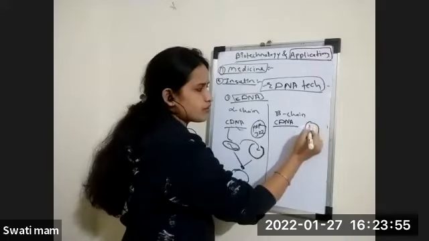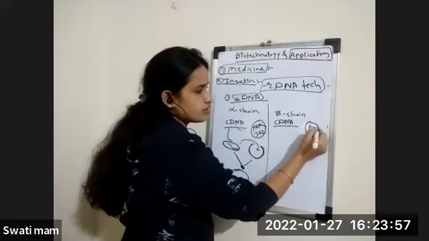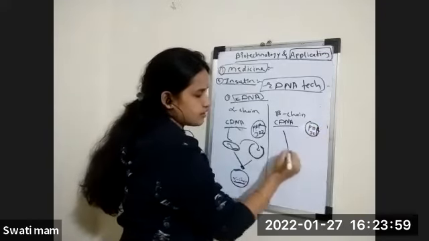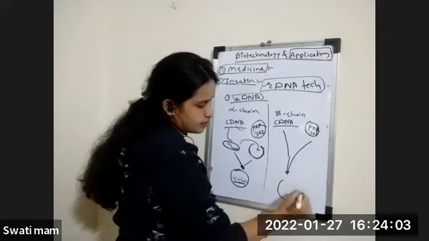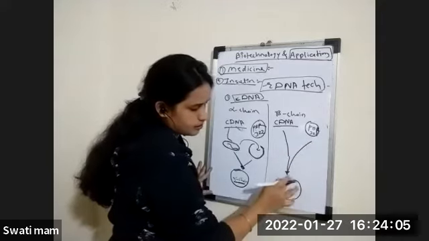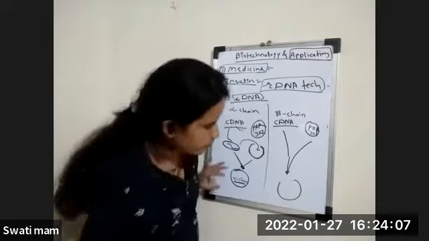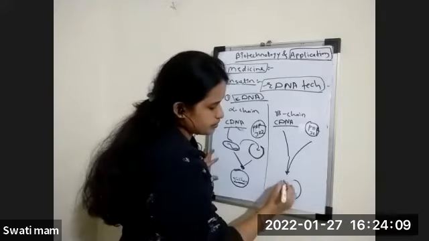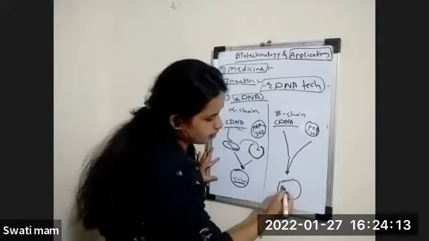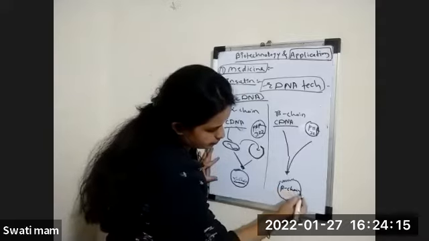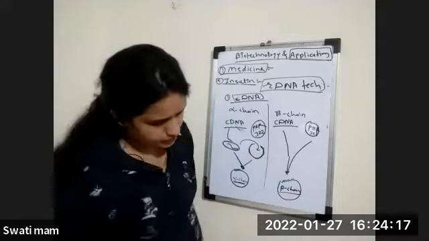That is the only difference. Likewise, through both these steps, the final product we are getting is the beta chain. So this is our beta chain.